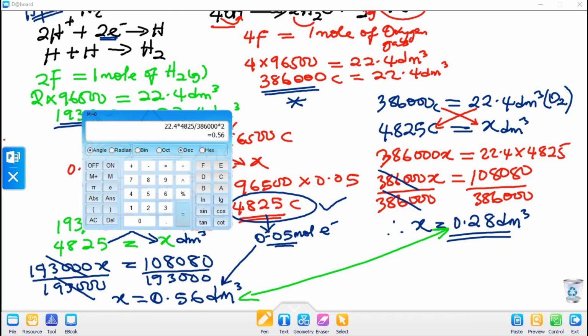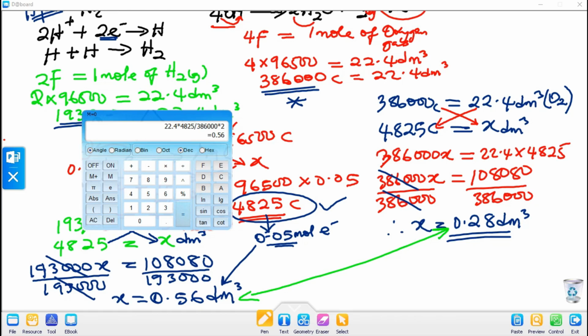Can you see that? So it means that, just as we have said from the beginning, in the electrolysis of acidified water, the volume of hydrogen is always 2 times the volume of oxygen. So this is actually a confirmation of what we have just said.